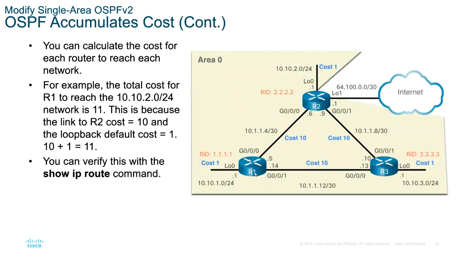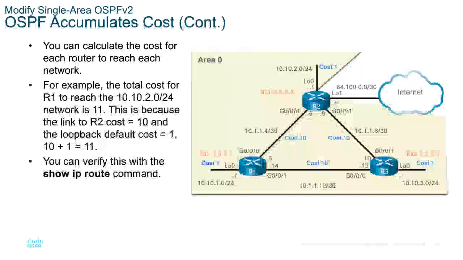So the cost to get to 10.10.2 network via router 3 is now going to be 21 compared to a direct path between router 1 and router 2 of 11. So you can see how advertising the correct cost is important to determining which path to use.